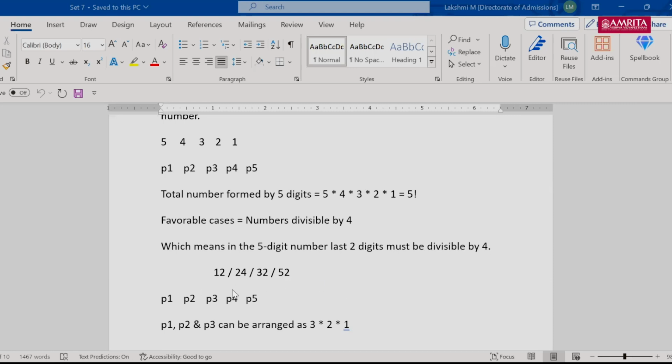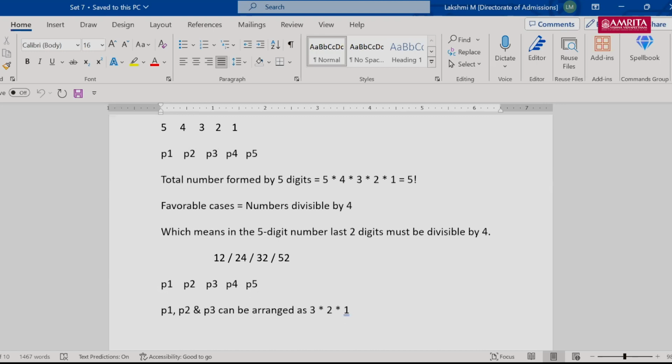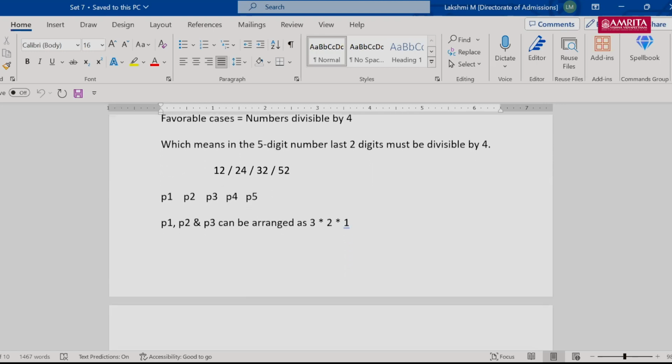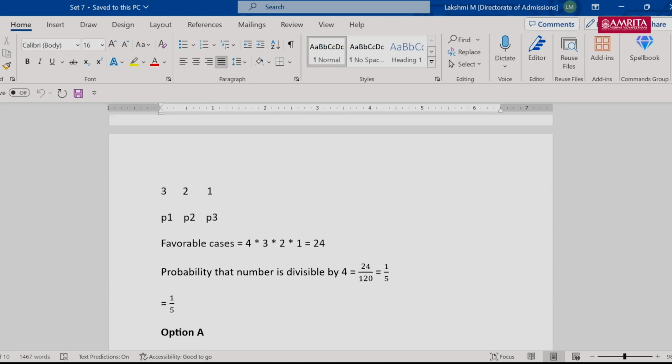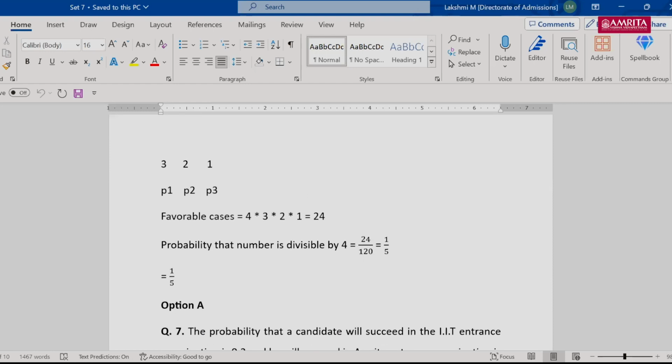So you got the last 2. The other 3, you will be able to write in 3, 2, 1 format. So the total will be 4 into 3 into 2 into 1, which is equal to 24, and the total was 120. So 24 divided by 120 is equal to 1 by 5. That is option A.